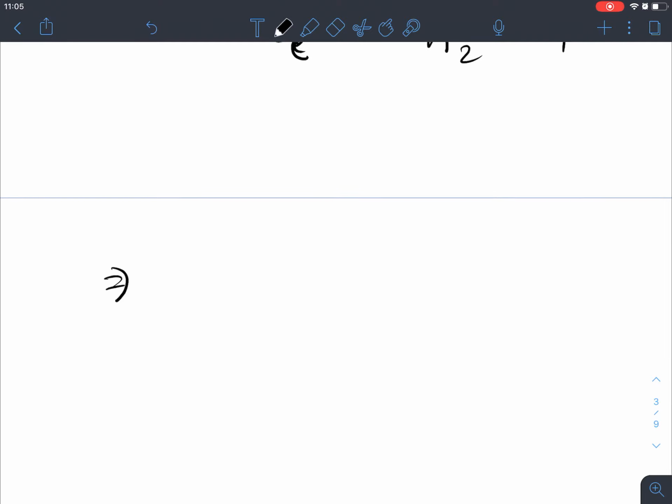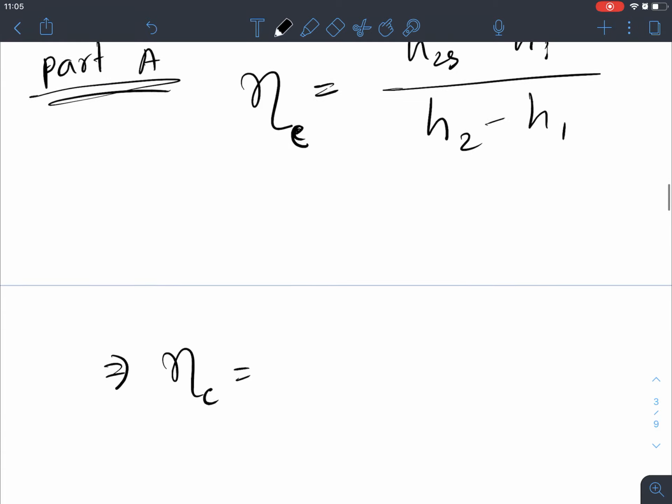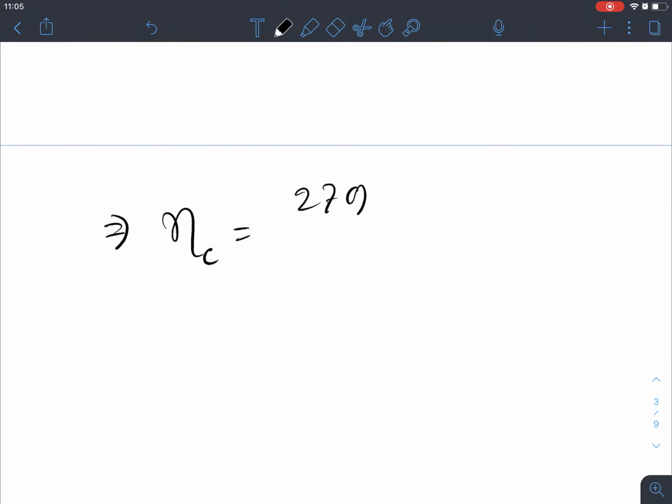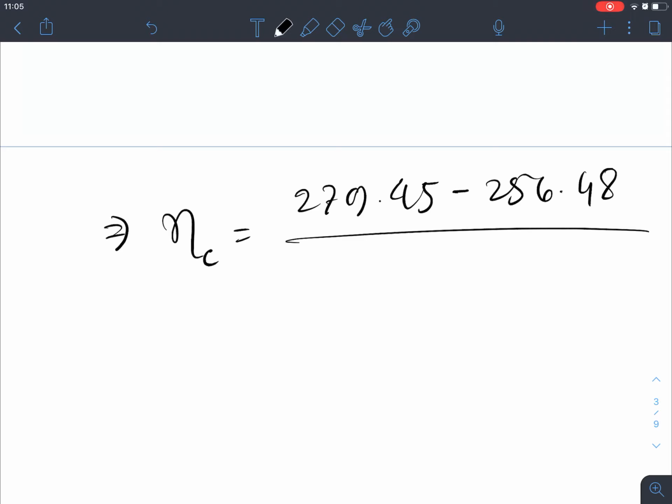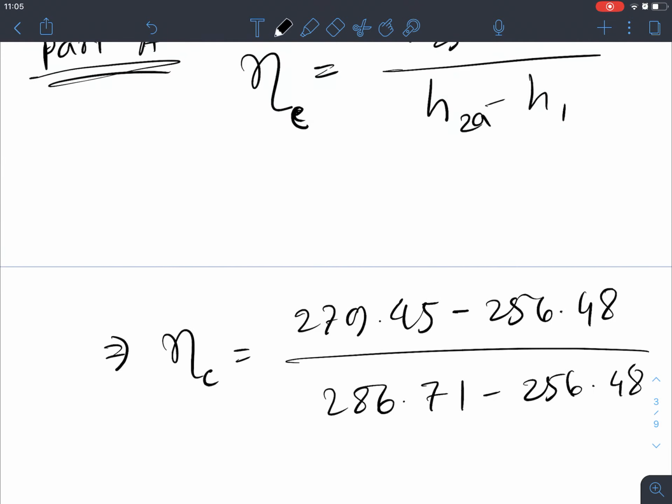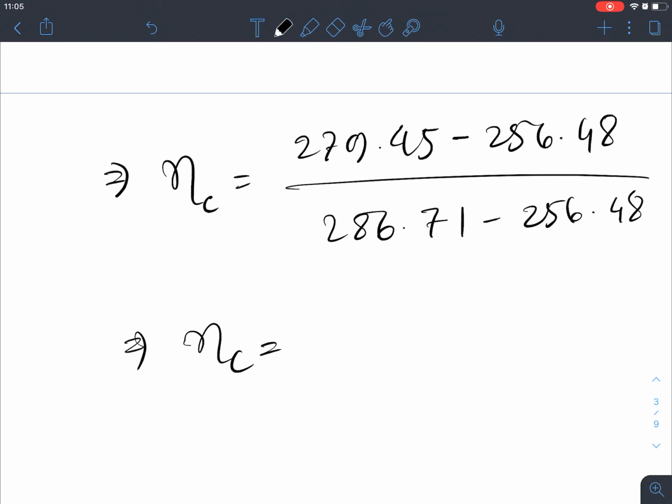If we plug in all this information, it will be 279.45 minus H1, 256.48, divided by H2a, which is 286.71 minus 256.48.